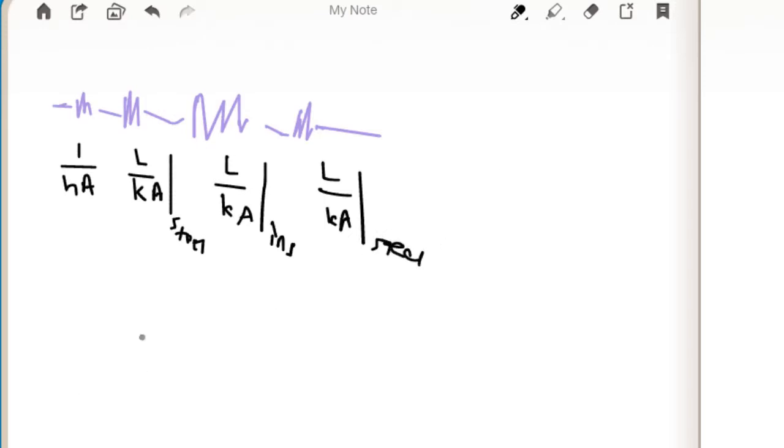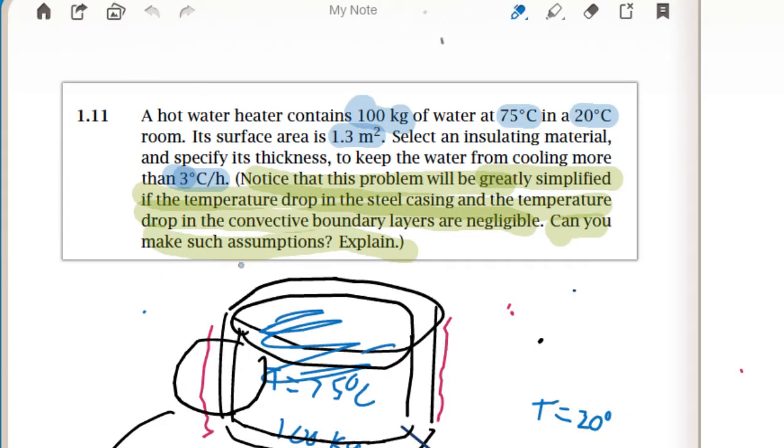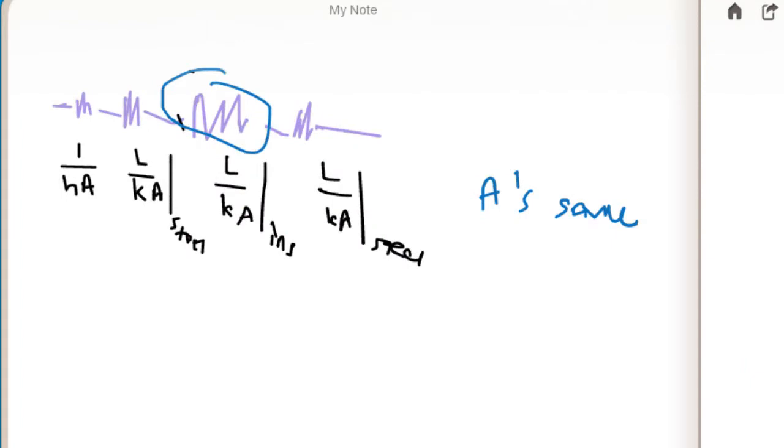And we need to evaluate the relative resistance of each of these. So let's see. If the main temperature drop is over the insulating material, then we know it's a good assumption, and all the areas are the same in these.